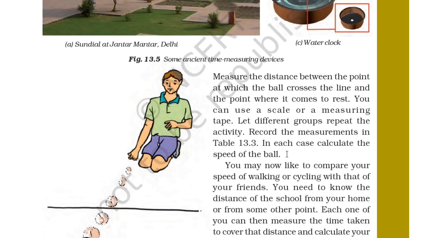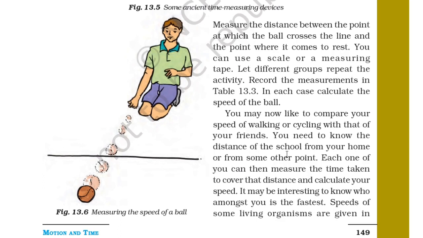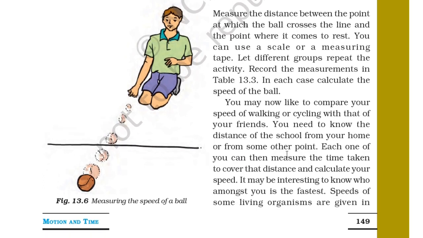You may now like to compare your speed of walking or cycling with that of your friends. You need to know the distance of the school from your home or from some other point. Each one of you can then measure the time taken to cover the distance and calculate your speed. So if you know the distance between the two places, you can easily calculate the speed by the time taken by you.